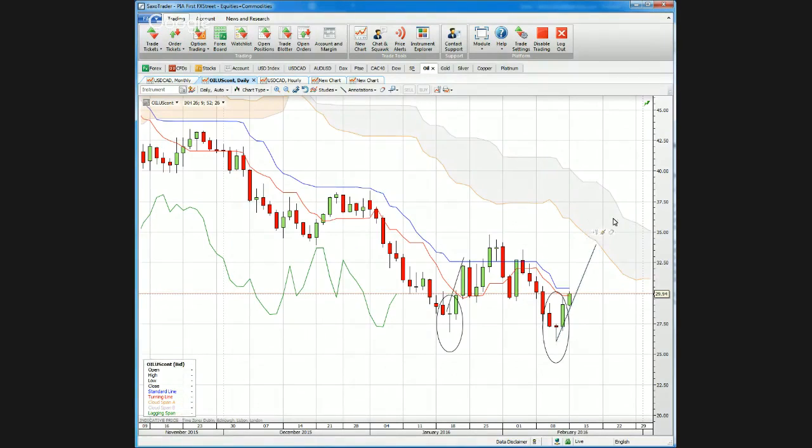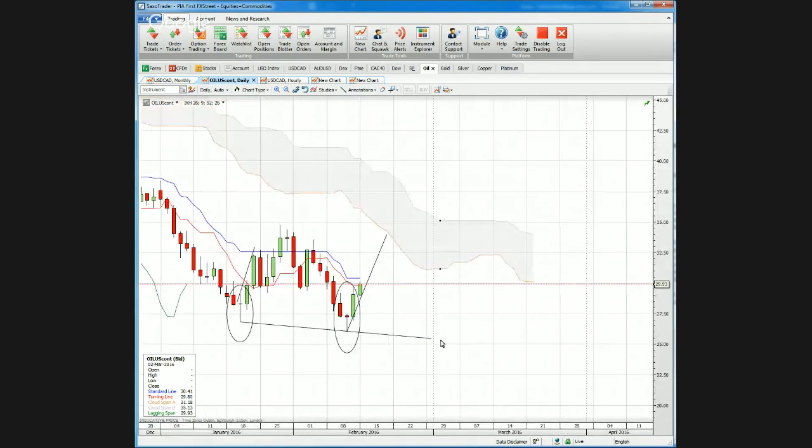Stop on that trade would be placed well above the previous high, about $36, so a $2 stop. But we'd be looking for it to return lower than the previous move, so we'd be looking for it to come back down in this area.